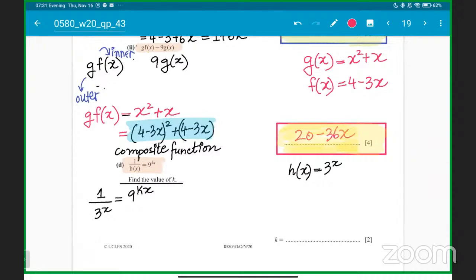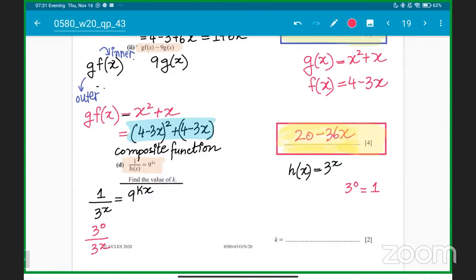First thing we can do is, again, bring it up. You can simply say 3 power 0, because anything to the power of 0 is 1. So you can write that as 3 power 0 divided by 3 power x.